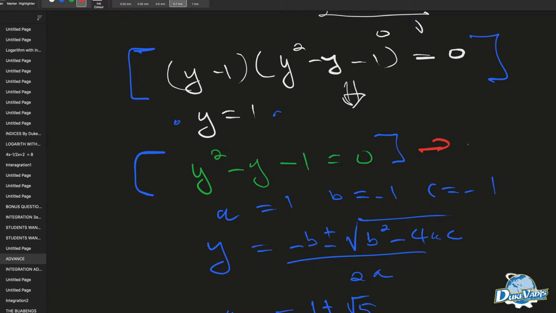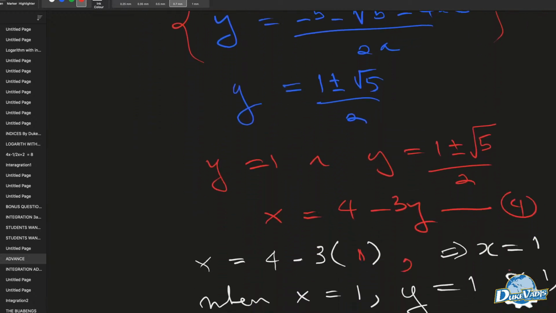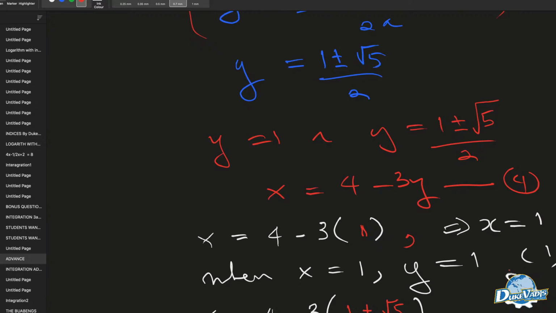So if we use the almighty quadratic formula, which we all know, and substitute the respective values into the equation, we have y is equal to 1 plus or minus square root 5, all over 2.